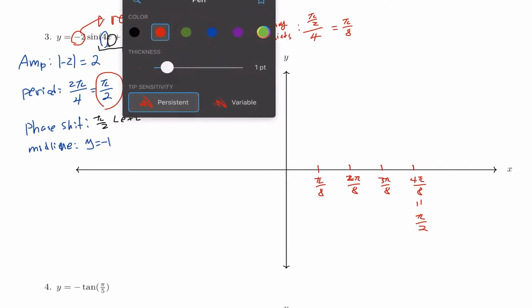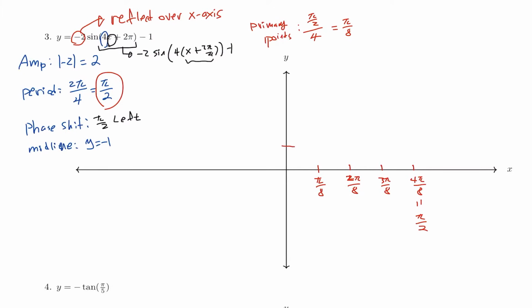Then let's label the y-axis: 1, 2, 3, negative 1, negative 2, negative 3. I know I didn't write the numbers in previous examples, but let's actually do write them.